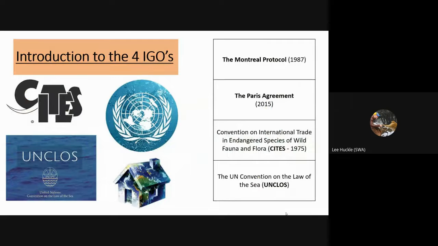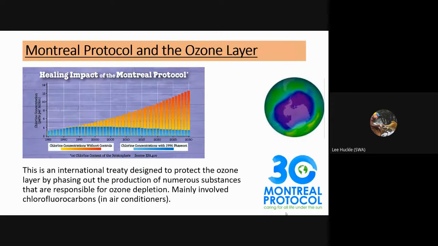You focused down on four intergovernmental organisations as part of the United Nations: the Montreal Protocol from 1987, the Paris Agreement of 2015, CITES, which is the Convention on International Trade in Endangered Species of Wild Fauna and Flora from 1975, and then UNCLOS, the UN Convention on the Law of the Sea.